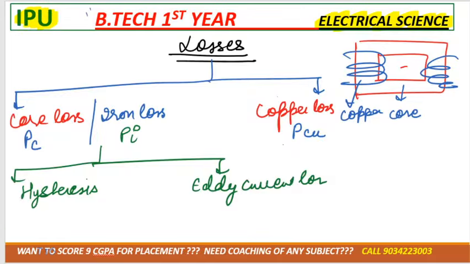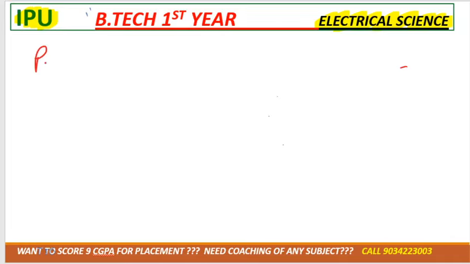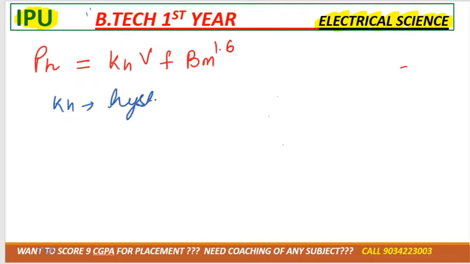Okay, fine. You don't need to go into so much detail, you just need to write down the formula for the hysteresis loss. Ph is equal to Kh into f into V into Bm to the power 1.6. What is Kh over here? Kh is the hysteresis constant.